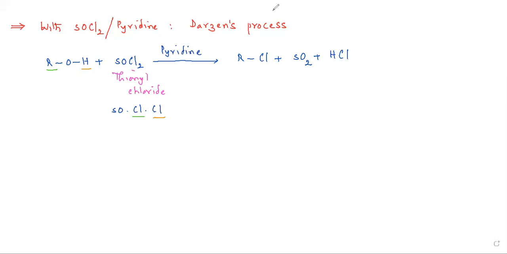You know, this process is in fact advantageous for the preparation of alkyl halides from alcohol. But why? It is because these byproducts, sulfur dioxide and HCl, are gases.